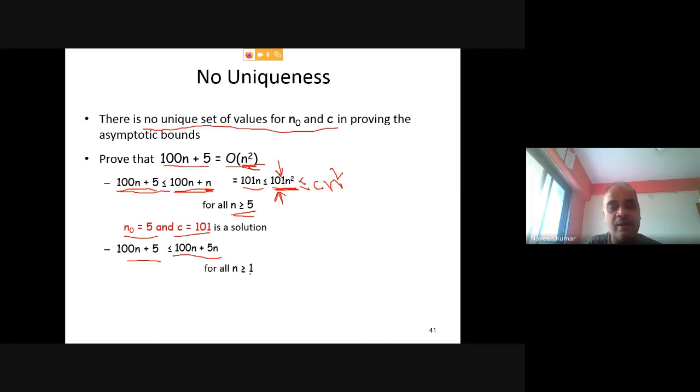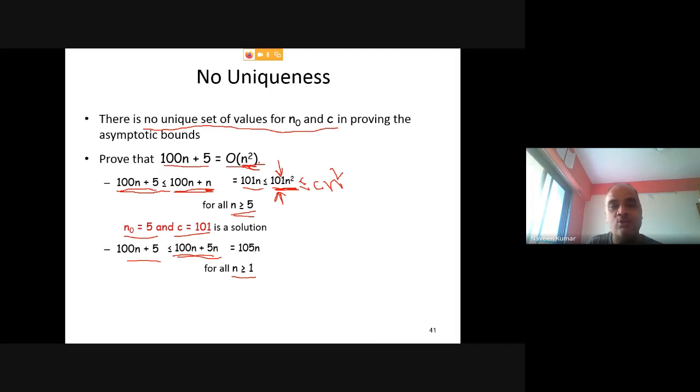So for n greater than or equal to 1, this inequality will be true, and this function will always be less than or equal to the other. So now n0 will be different. Now you can add these two, so you will get 105n. It means you are saying 100n plus 5 should be less than or equal to 105n, right?